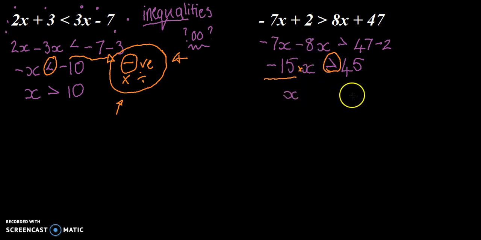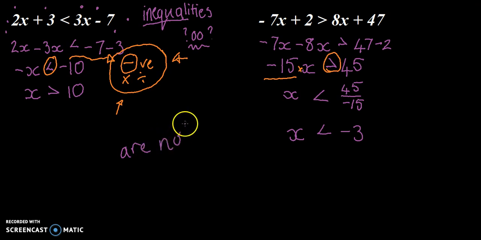So it's going to be x and 45 divided by negative 15, and that part's okay. But now you have to remember, because we've divided by a negative number, the sign changes direction. And now we can solve for x. We're left with negative 3. So you'll see that inequalities are not that bad.